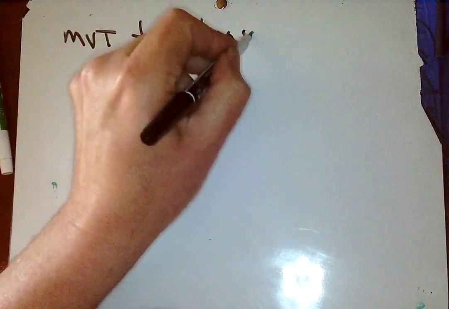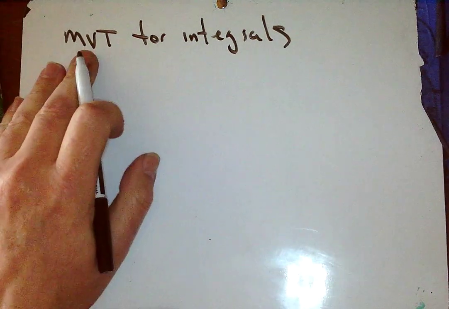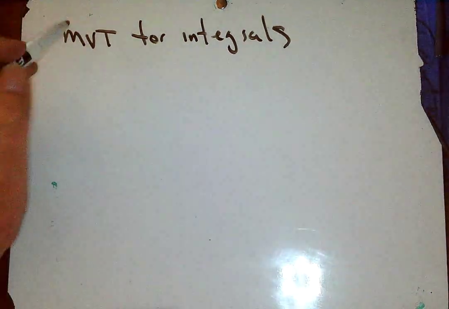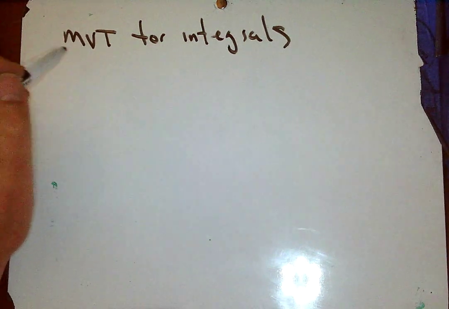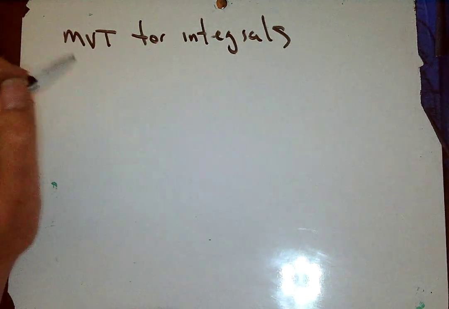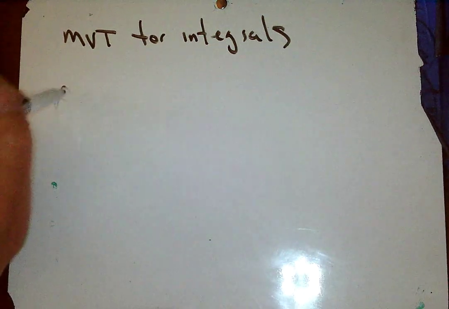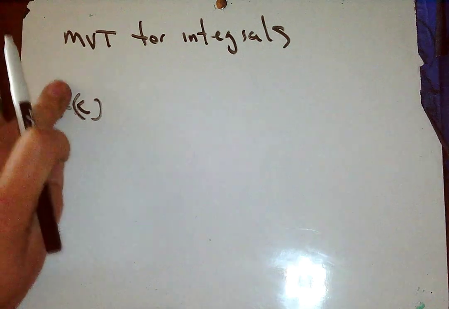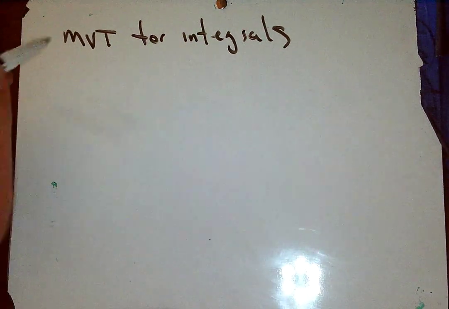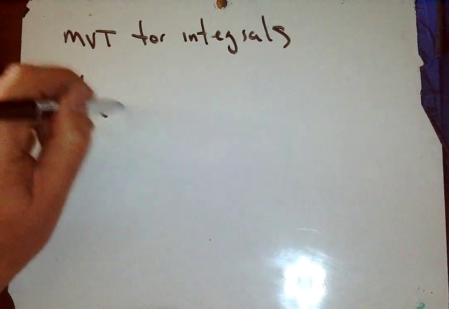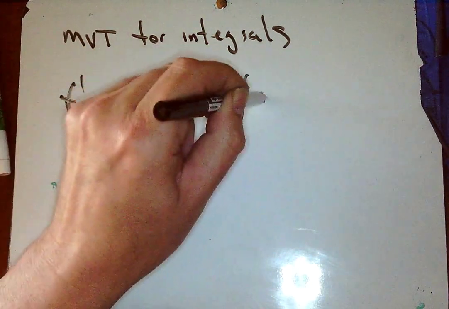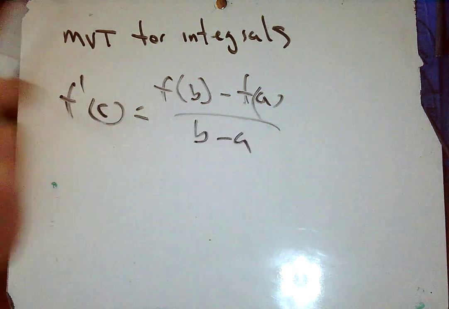MVT for integrals. We remember MVT, mean value theorem. Mean value theorem said if f is continuous on the closed interval and differentiable on the open interval, then there must be some point called x equals c where f prime of c equals f of b minus f of a over b minus a.